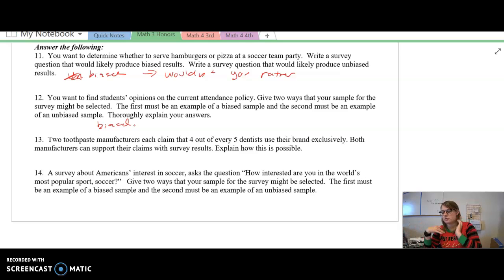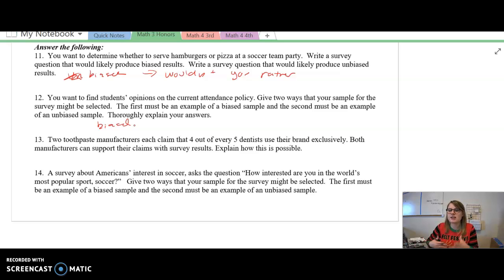So students who are late almost every day, or students who are just late on that one day, or students who have a tendency to not attend school at all. A non-biased sample would be, we take a survey from everyone on the second floor, or all the students from 10 random classrooms, something like that.